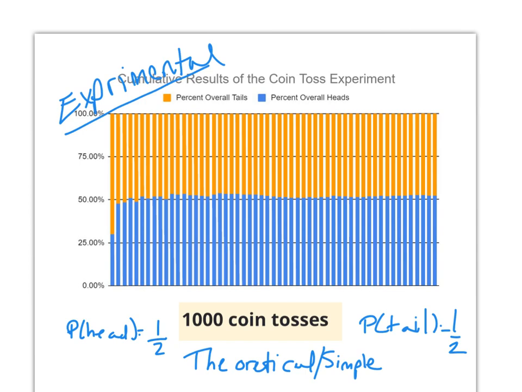If you're using a random generator, a coin toss on your phone, that's actually based upon theoretical probability, so you would end up being closer to the theoretical probability rather than experimental. So let's look at data that we did in the classroom a couple of years ago.